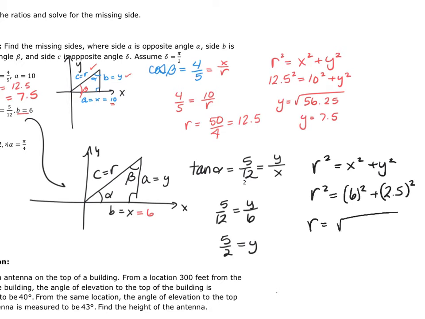My r is the square root of 36 plus, and so I do 2.5 squared, and I get 6.25. I add those two together and take the square root. So the square root of 42.25 is equal to 6.5. So r is equal to 6.5.